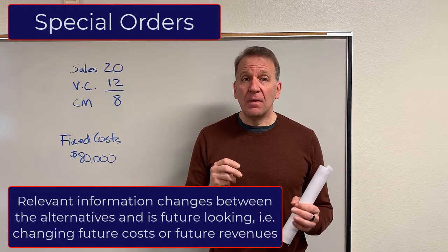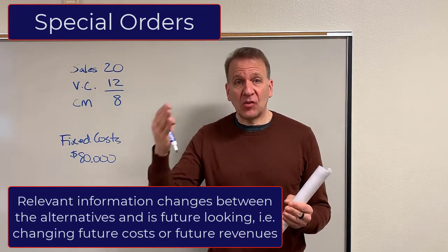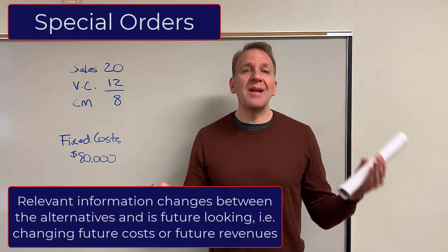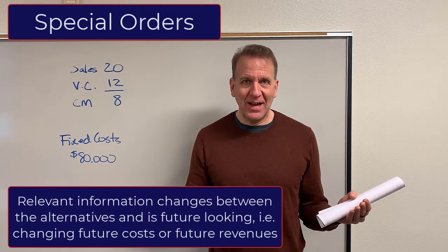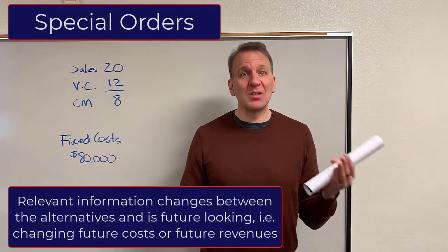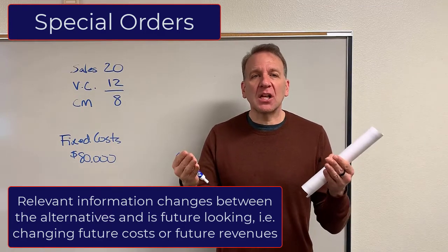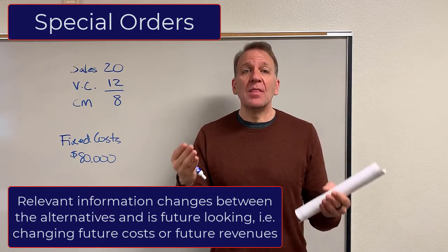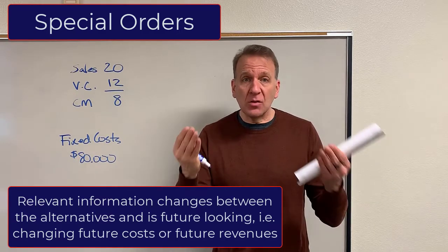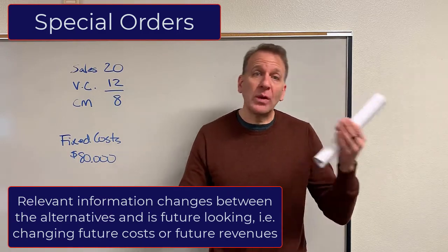What can happen here is we can accept the special order or reject it. So there's our decision. Now we're going to look at the costs and revenues that change between those two alternatives, whether we do it or we don't do it.